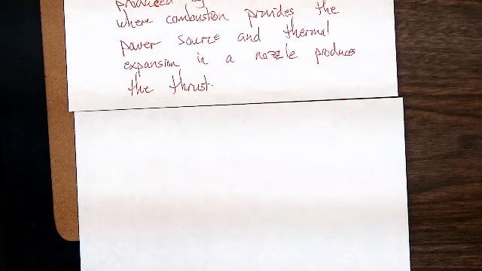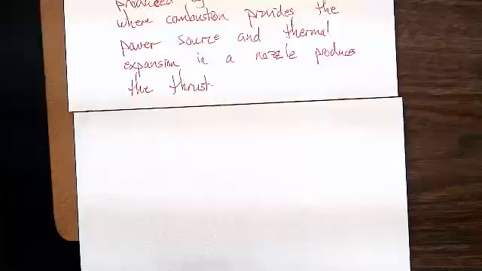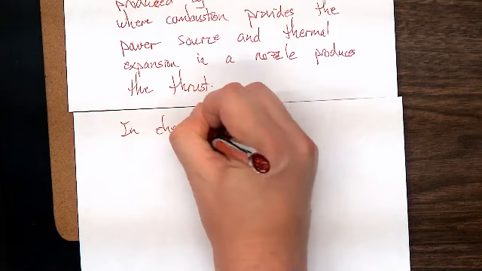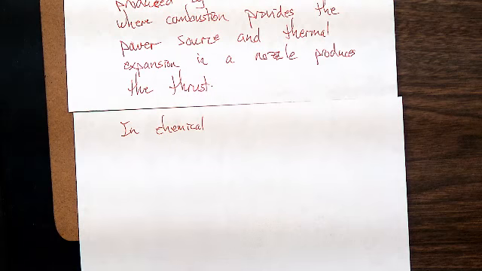So in a chemical rocket, the specific impulse is determined by the speed of sound in the propellant gas.